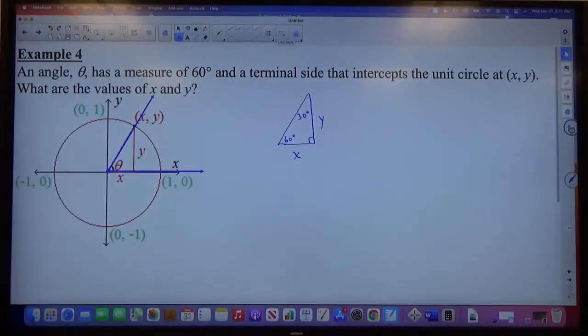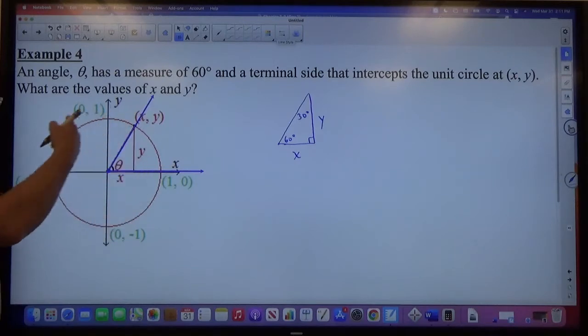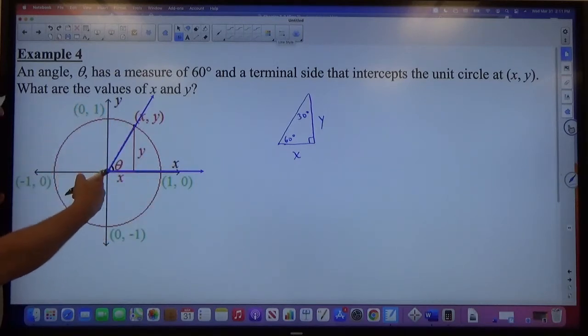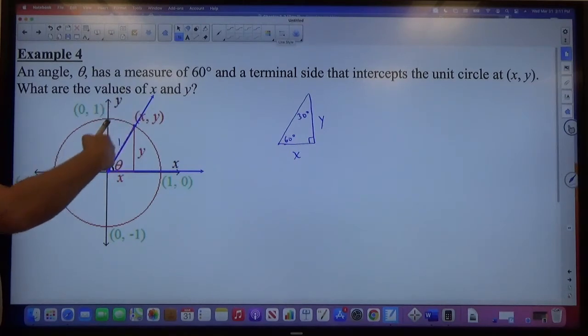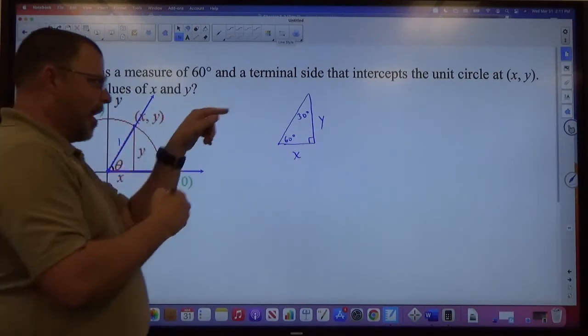What's the hypotenuse? How long is the hypotenuse? I said it a minute ago. It's 1, the radius of the circle. It's a radius 1 circle, right? So this distance from here to here is 1 because it's a radius 1 circle. So that's 1.